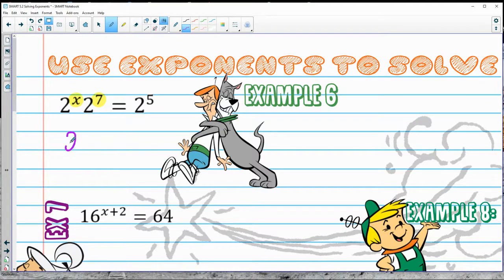So here, laws of exponents say if I'm multiplying these together, then my exponents are going to add. And I'm going to keep the other side 2 to the 5th. Now it's kind of easy to see, now that the bases match, if I want the numbers to be the same, I just need the exponents to match.